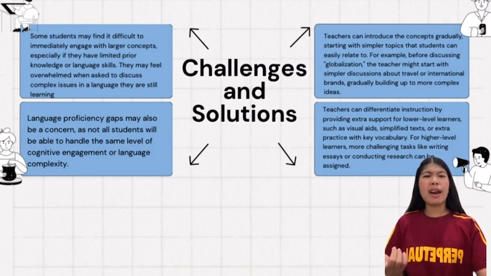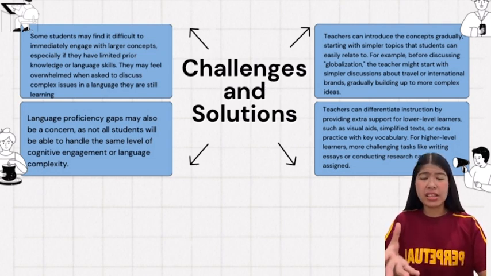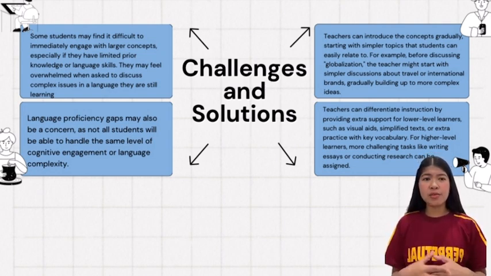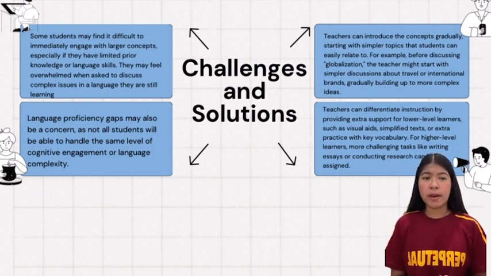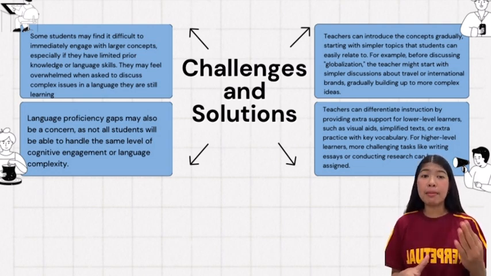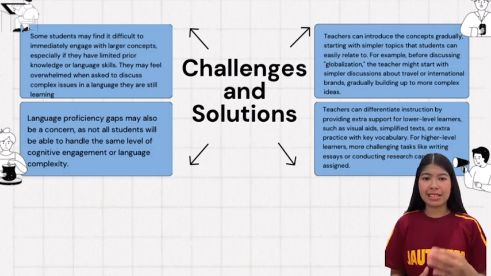So again, I will provide again the challenges. So another challenge, for example, is language proficiency gaps, which may also be a concern, as not all students will be able to handle the same level of cognitive engagement or language complexity.